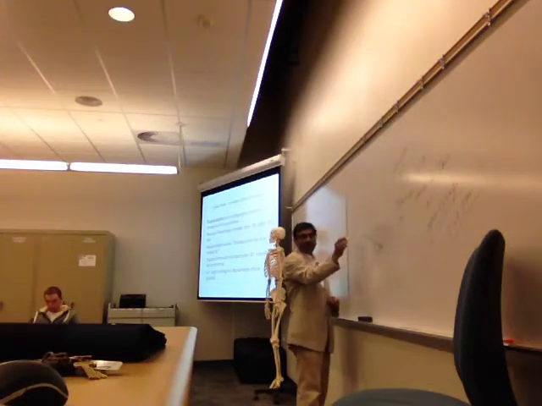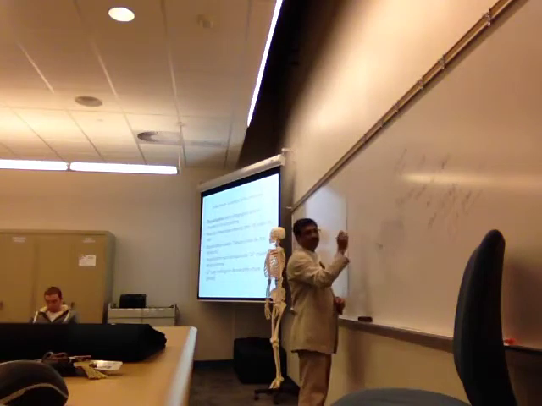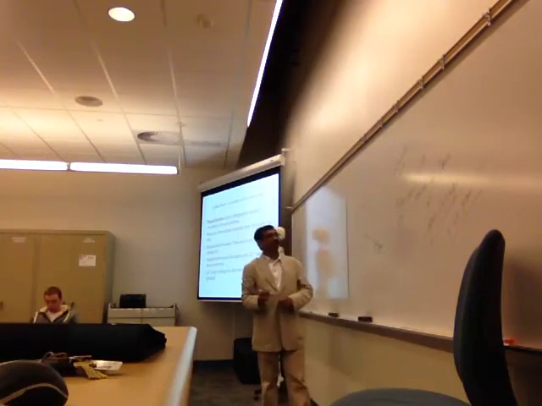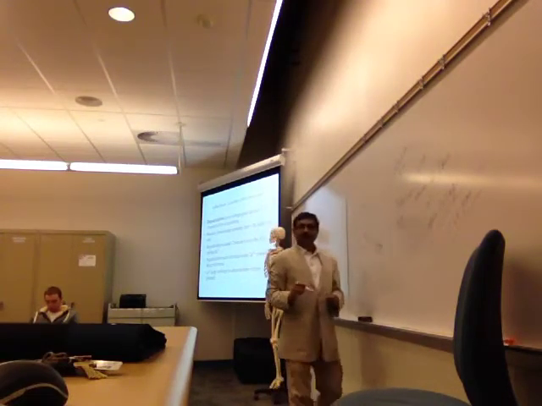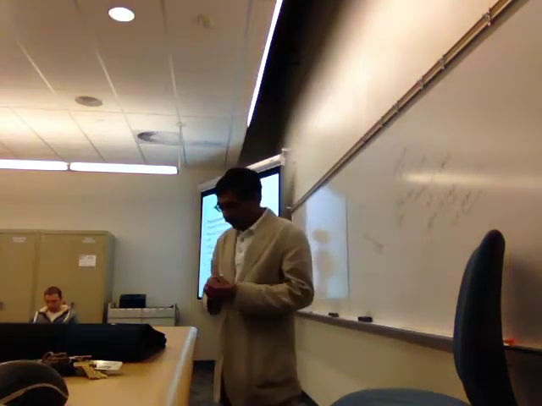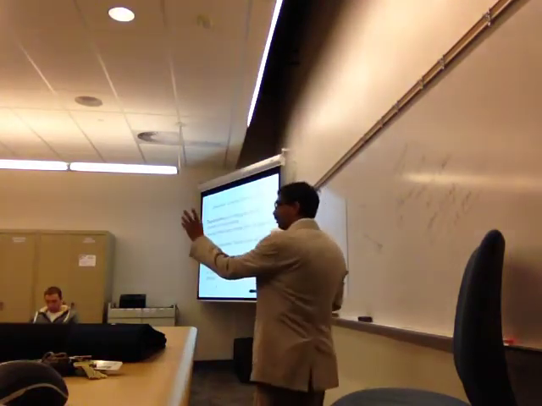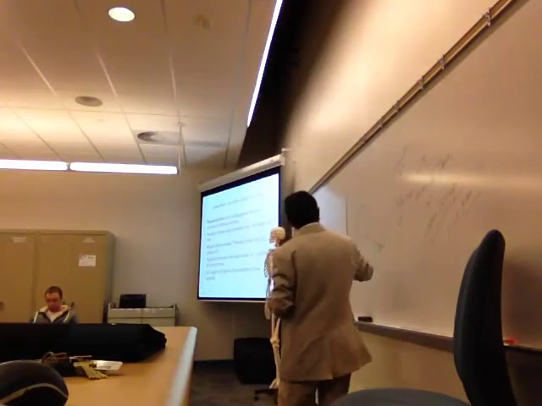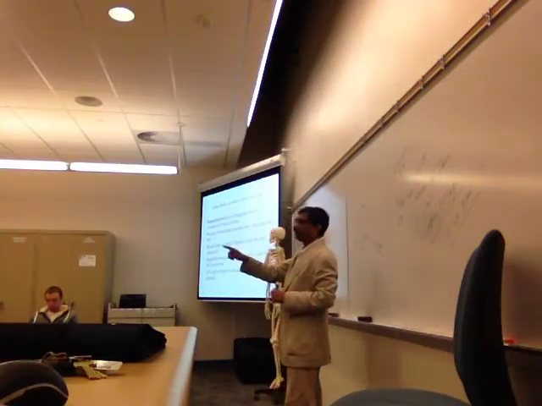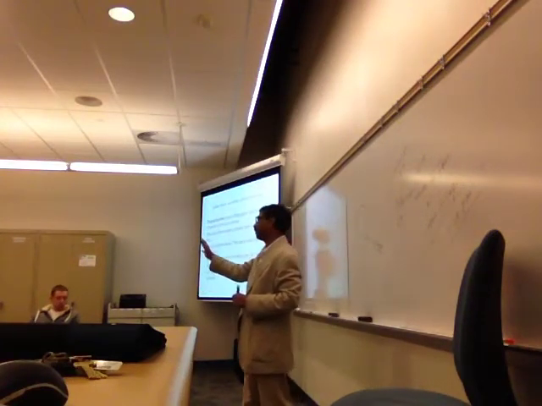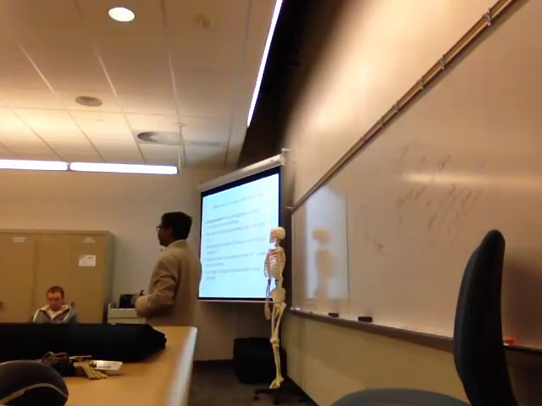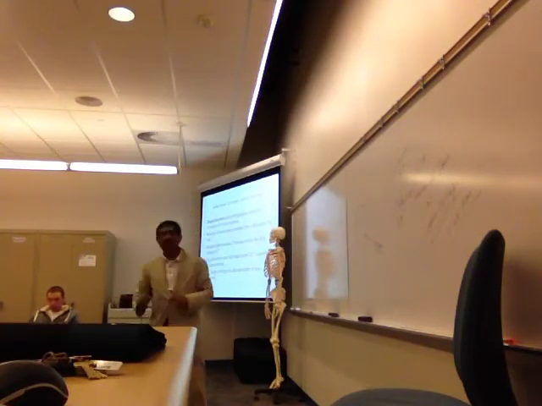You will measure the voltage, electricity. Before the heart muscle contracts, what happens? Depolarization must occur. If depolarization doesn't occur, heart muscle will not contract. Okay? So, how does depolarization occur?